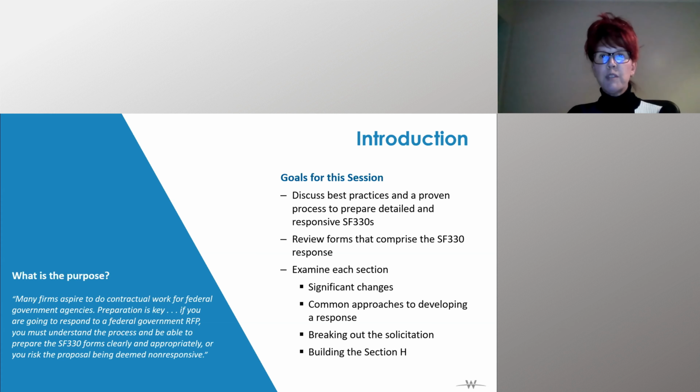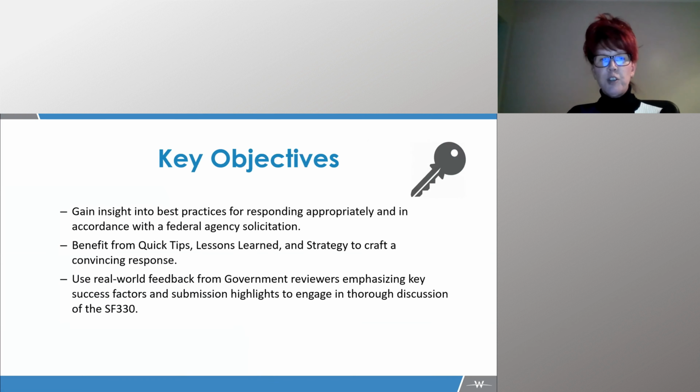So to remove some of the confusion surrounding the required forms, we'll take a brief look at the history of the GSA forms into the progression of the current SF330 forms, including the guiding principles about how and when they're used.